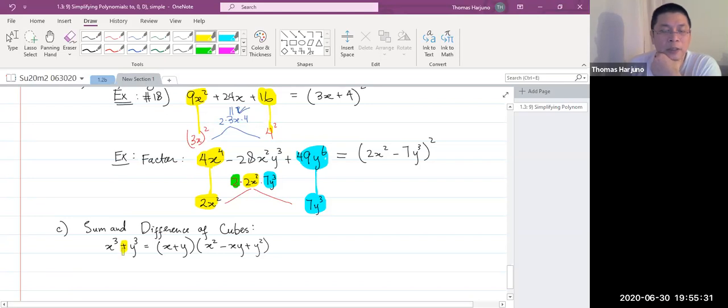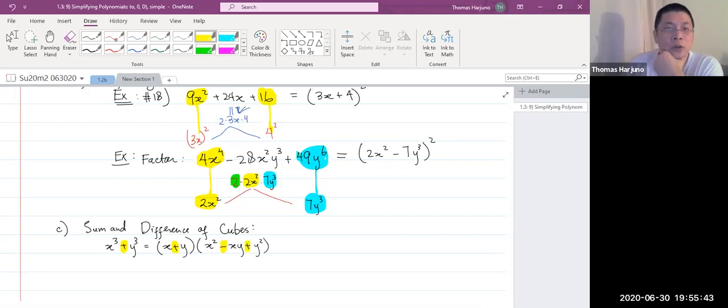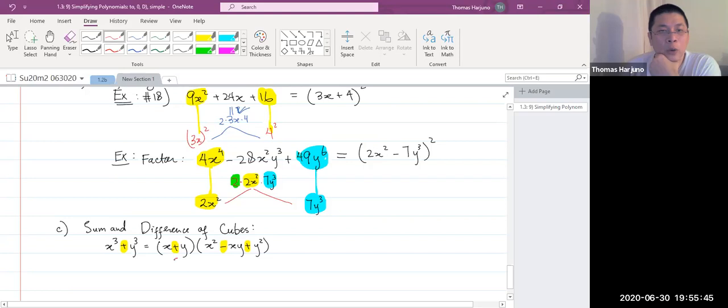If that's a summation here, a sum of cubes, then the first factor is a sum. The second factor is opposite and always positive. So the one here is always the same. The one here is always the opposite. And the last term is always positive.